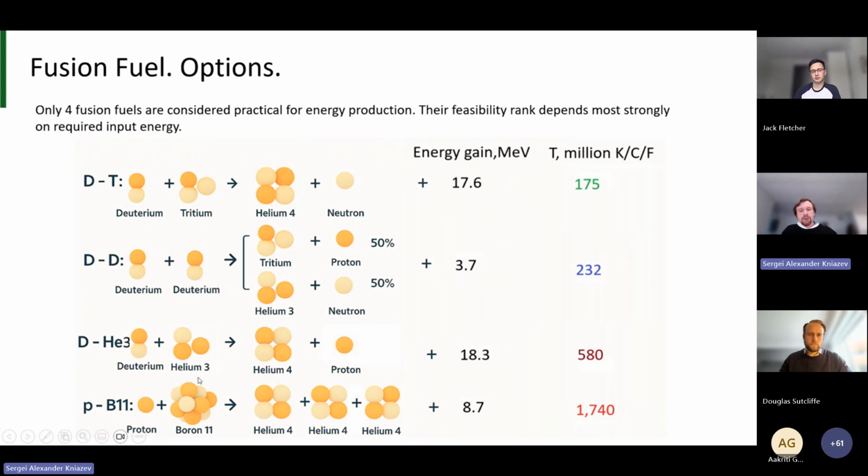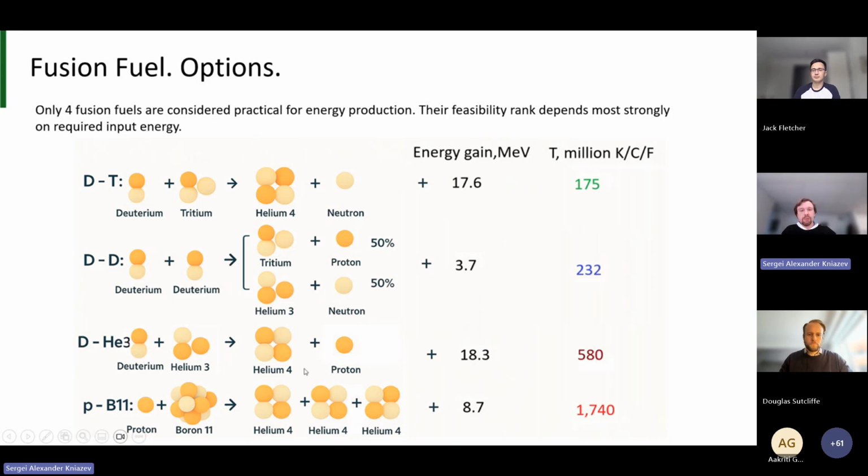Deuterium-helium-3 provides the highest energy gain with a higher temperature required. It's an aneutronic reaction. It doesn't provide direct neutrons from the reaction, but because of the participation of deuterium in this reaction, and because the temperature is quite high, deuterium-deuterium fusion will happen.